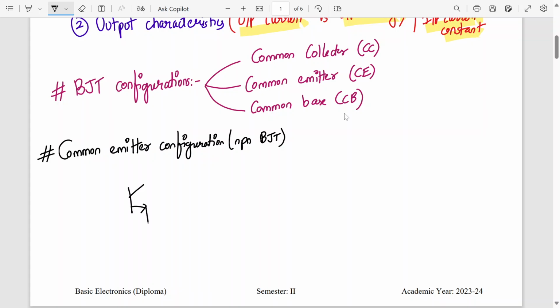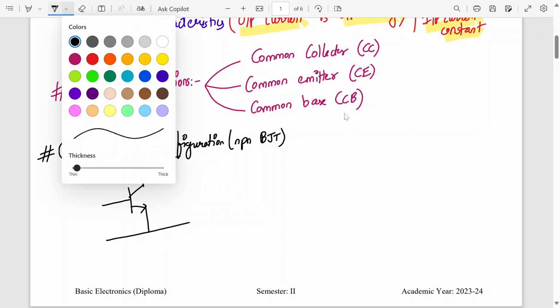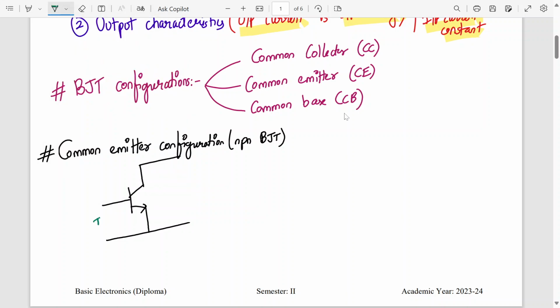Now the emitter terminal, we draw it like this. Alright, and we place the ground terminal like this. Now it becomes a two port, so this will become my input, and here is my output. This is my base, collector, emitter terminal.